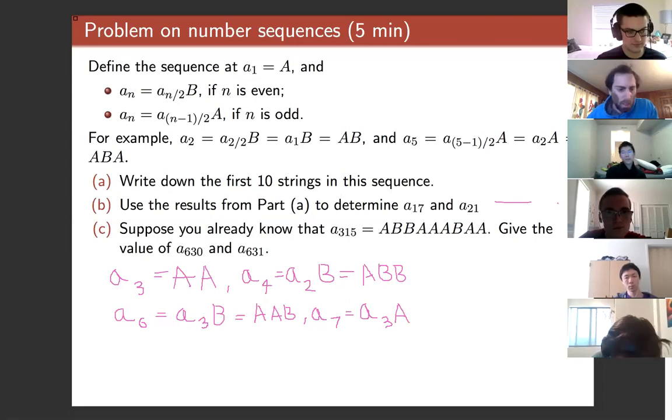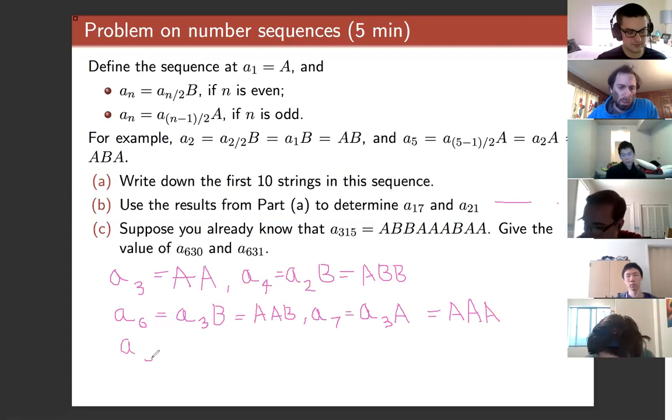There we go. Just removing my chat window. Okay. So A3 was AA, so this is AAA, right?